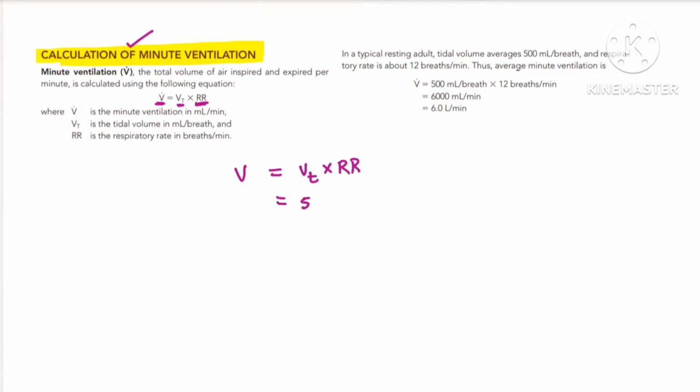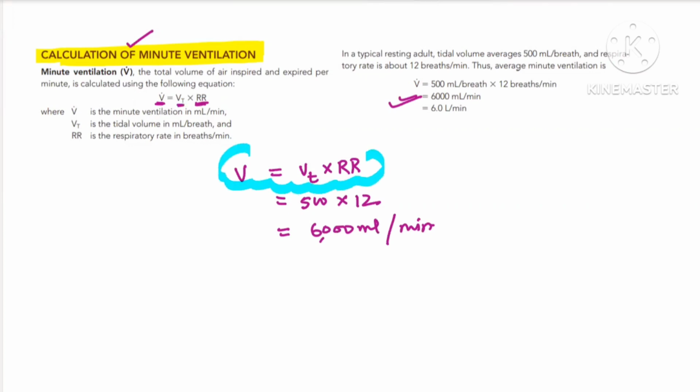Suppose the tidal volume is 500, and respiratory rate means how much you are breathing per minute. Suppose you are breathing 12 per minute, what will your minute ventilation be? I think you can do the calculation immediately. The answer will come this much. You will write the answer in ml because it is in ml per minute. Clear, beta? Or you can convert it into liters per minute.